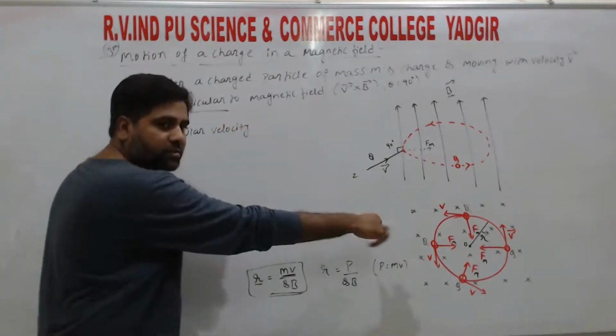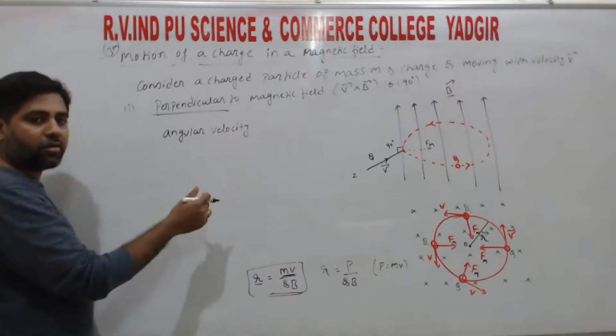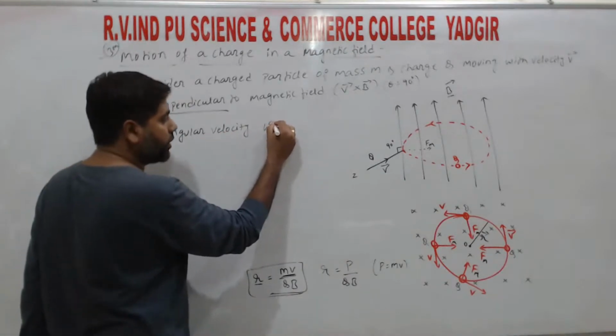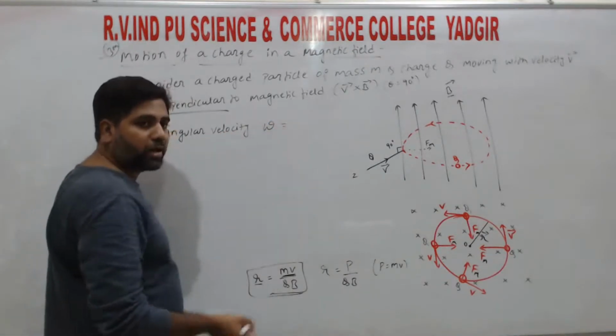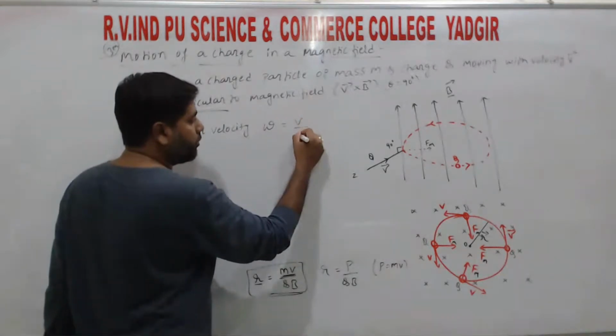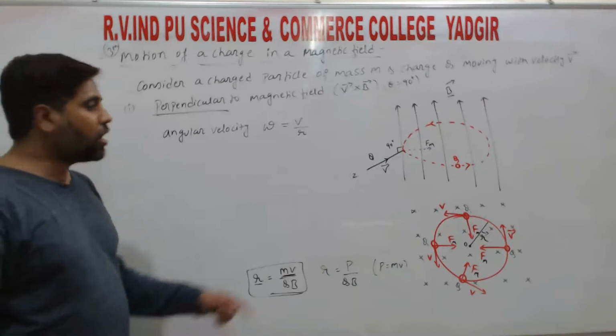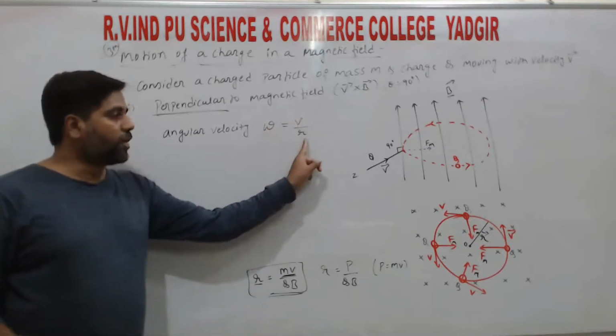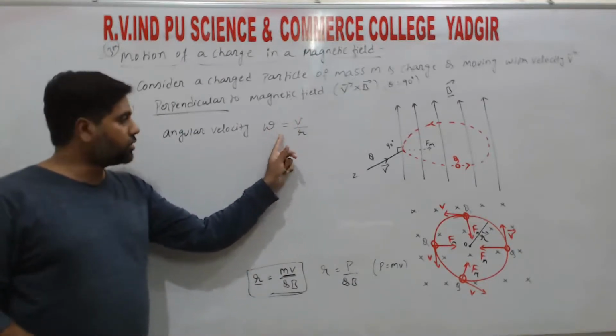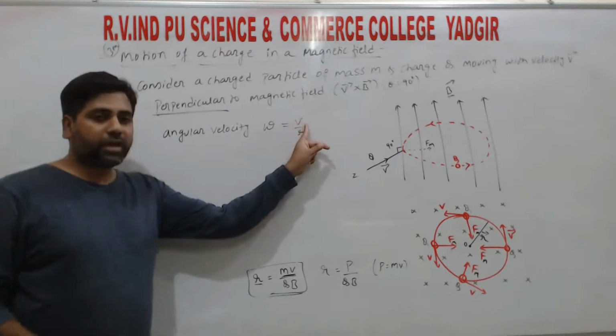Because the particle traces a circular path, we get the angular velocity, denoted by omega. So omega is equal to v divided by r, or linear velocity is equal to omega into r. This is the relation between the angular velocity and the linear velocity.